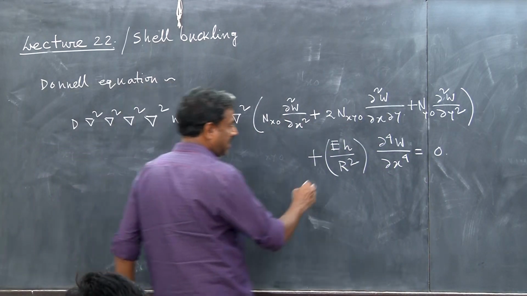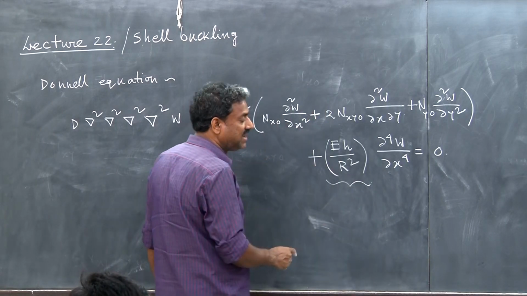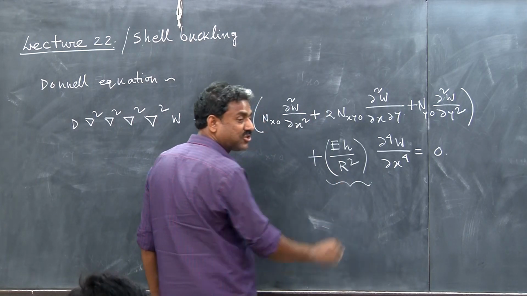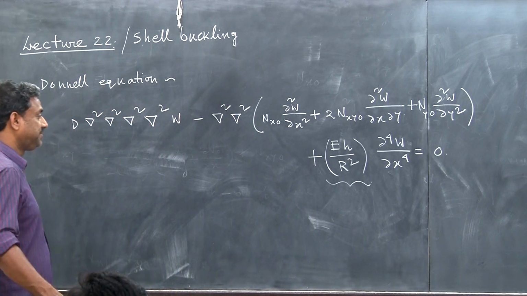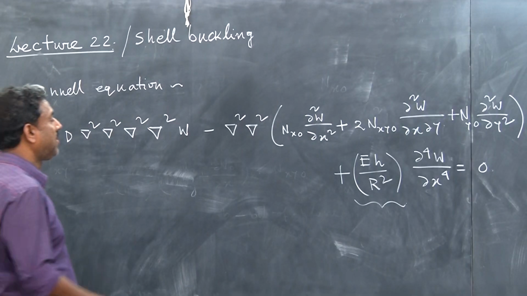You see, the curvature in the cylindrical shell is coming in this term, right. So this is the Donnell equation for, of course, the cylindrical shell.